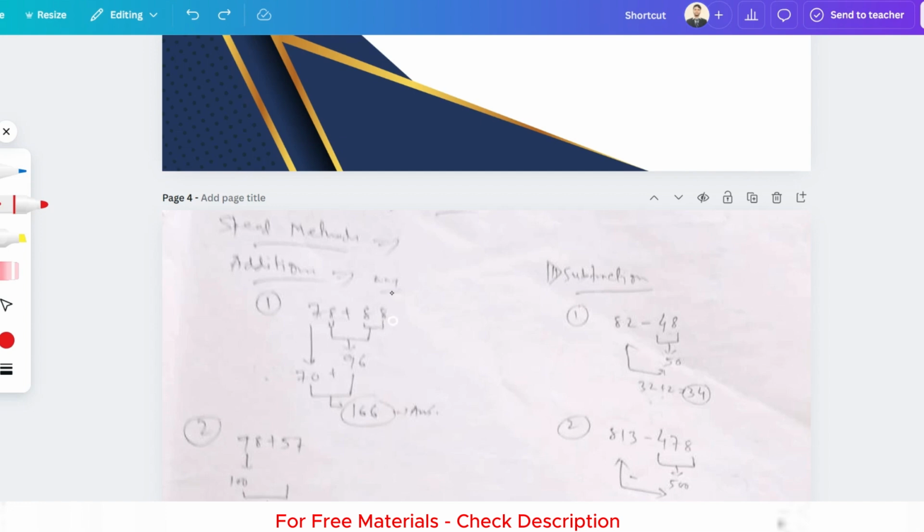So you can assume 78 as 80 and 88 as 90. 80 plus 90 becomes 170.